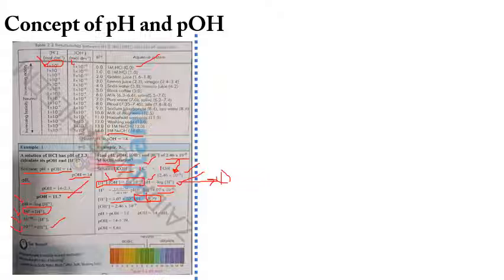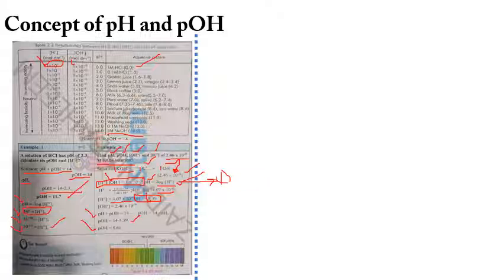Now that we have found pH, pH plus pOH is equal to 14. pOH is equal to 14 minus 5.39, so the pOH answer will be 8.61. Now we have found all the solutions: pH, pOH, OH and H plus ion concentration.